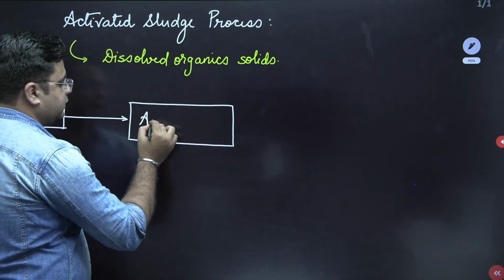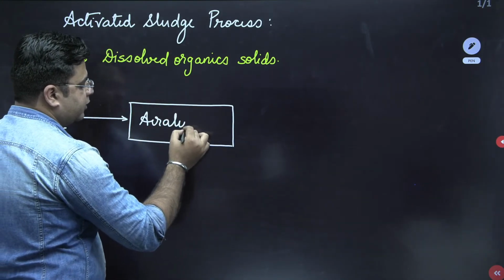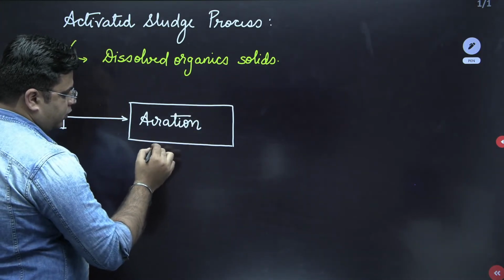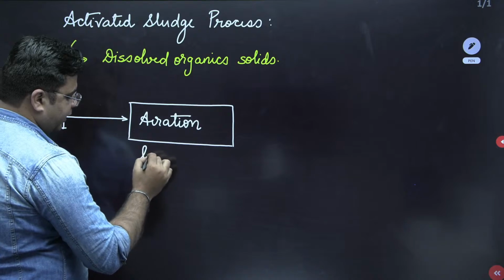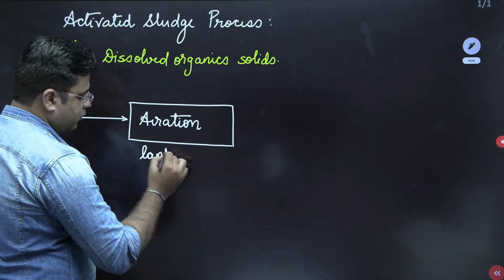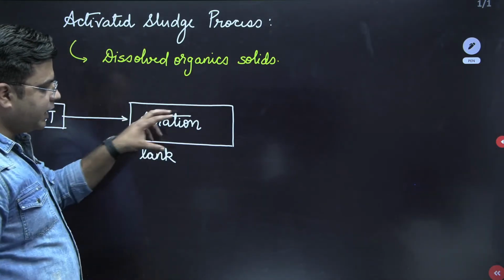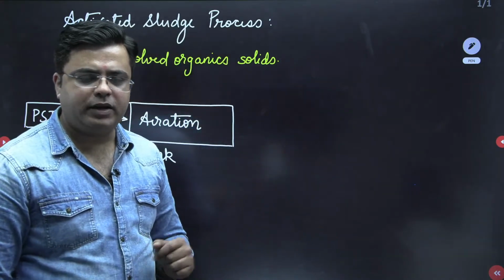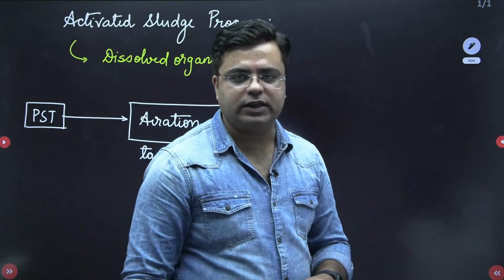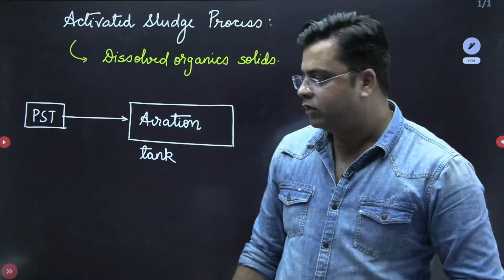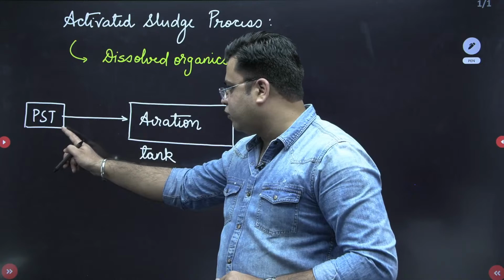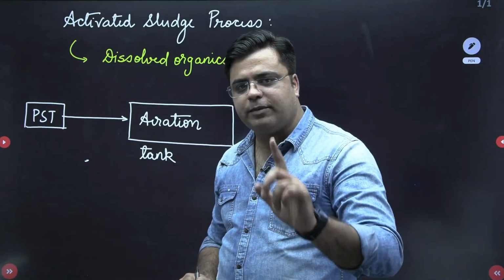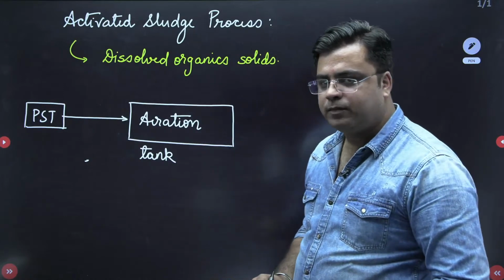Okay, so aeration tank I'll write here. Inside the aeration tank, decomposition of the organic matter will happen. How it is happening, that is a point of discussion. But for now, we are sending wastewater from PST to the aeration tank. That is the first segment of the activated sludge process.